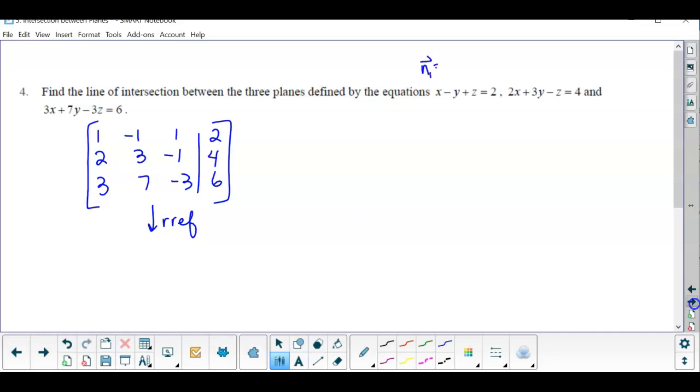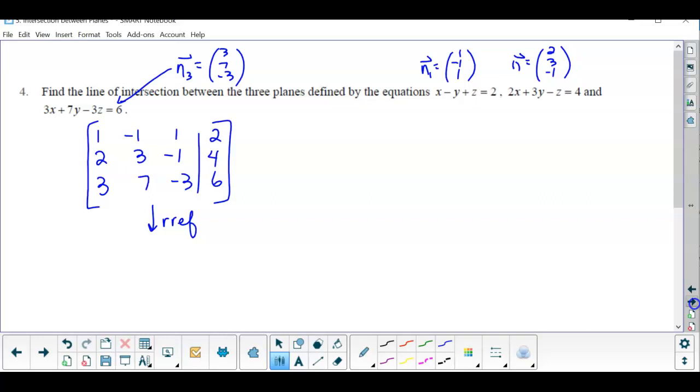Looking at the normals before we even do that. If you just look at the normals right away, you know that none of them are parallel to each other.